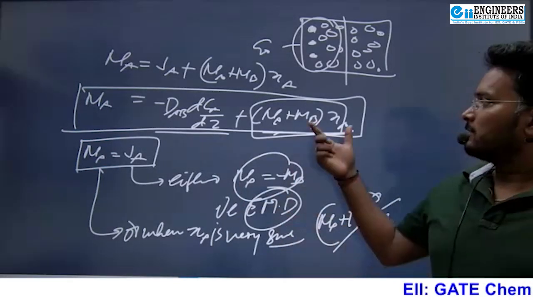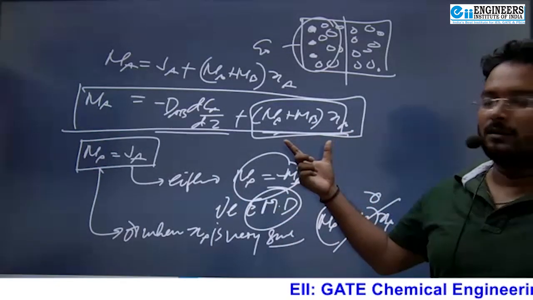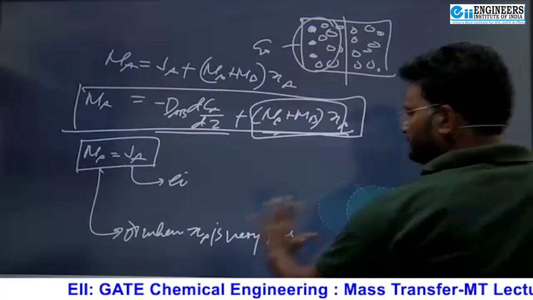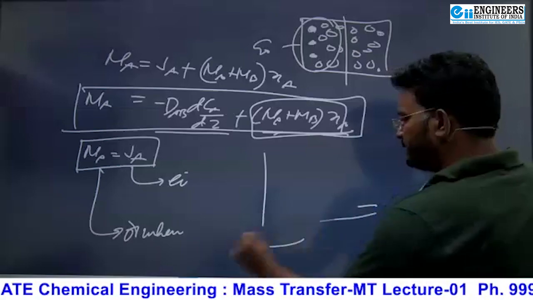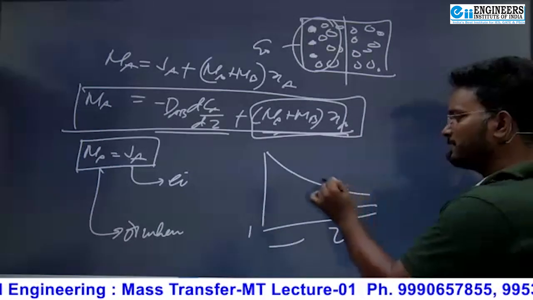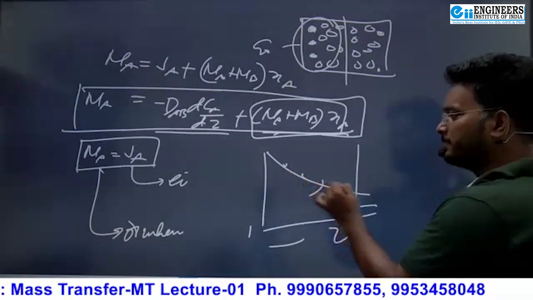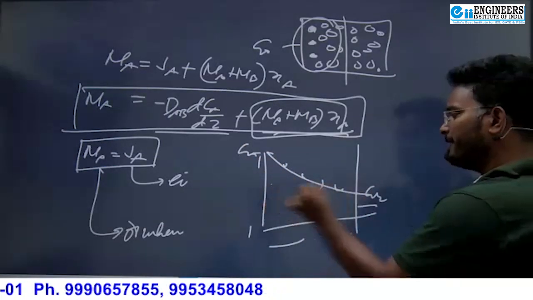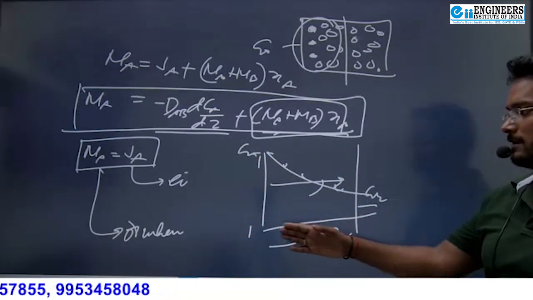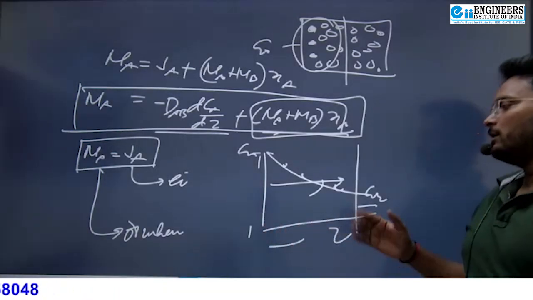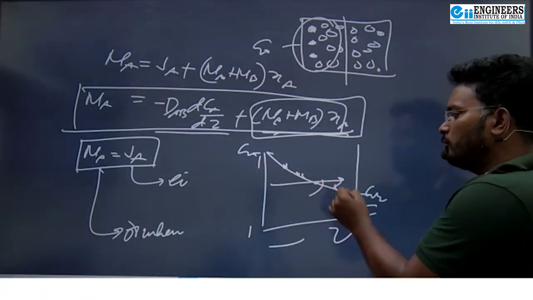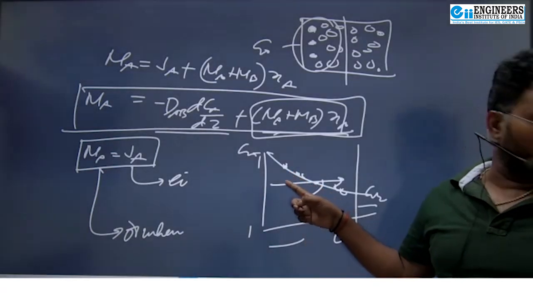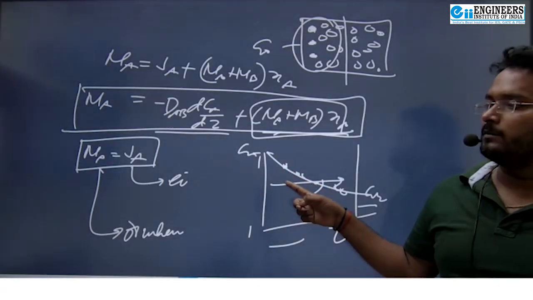Suppose between 1 and 2 there is a region of concentration difference, from high to low concentration, C_A1 to C_A2. If A is diffusing from high to low concentration, then at each and every point the mole fraction of A is going to change. Yes or no?